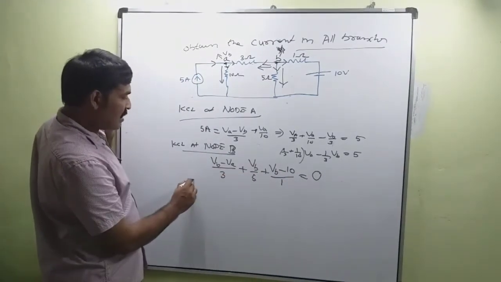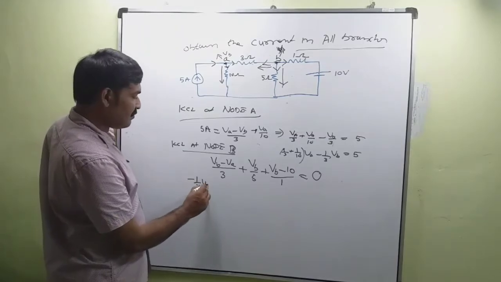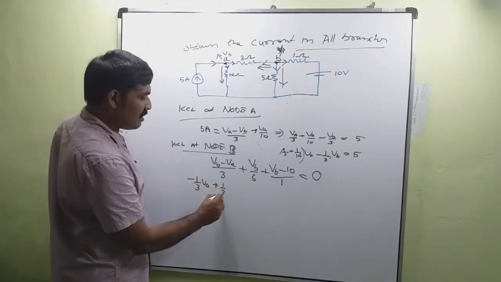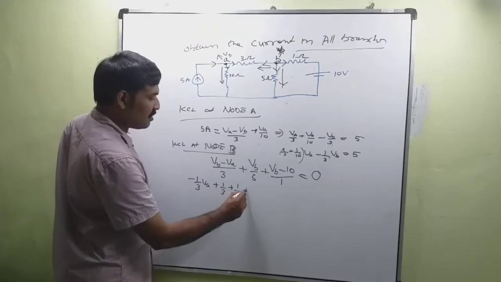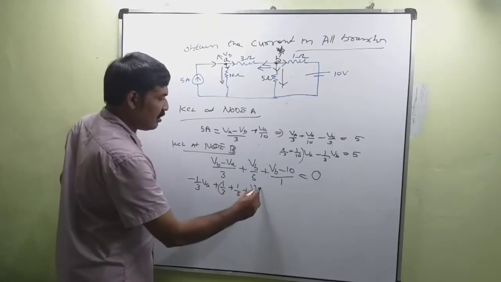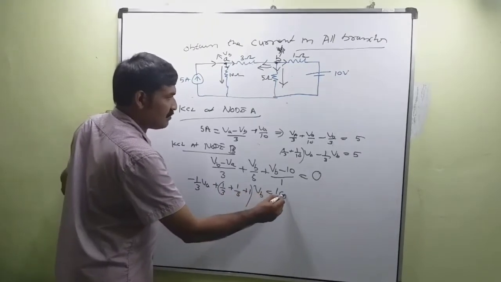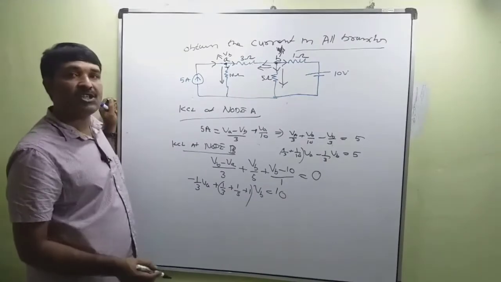Here, minus 1/3 VA plus (1/3 plus 1/5 plus 1) VB is equal to 10. Okay, so we have two equations and two unknowns.